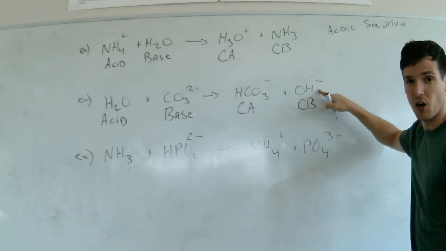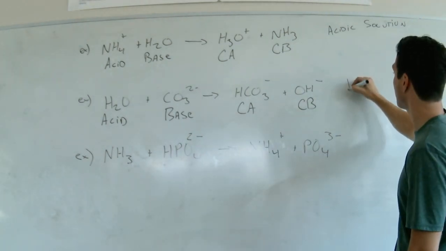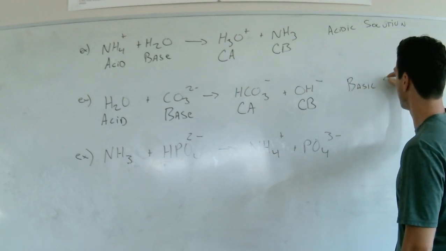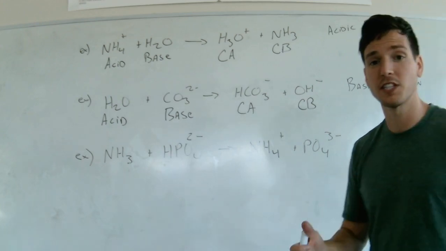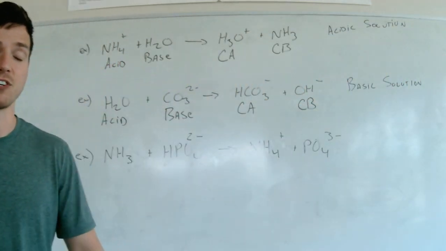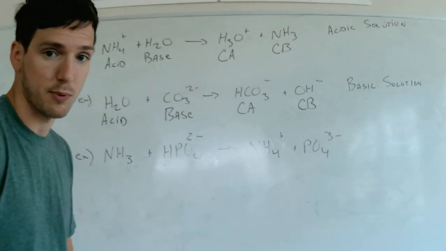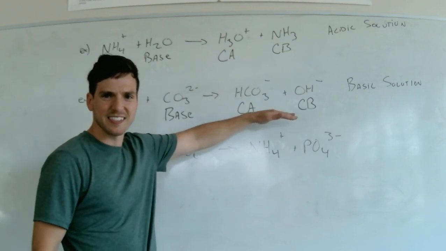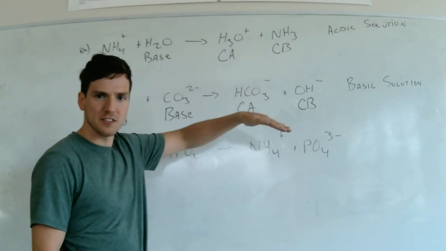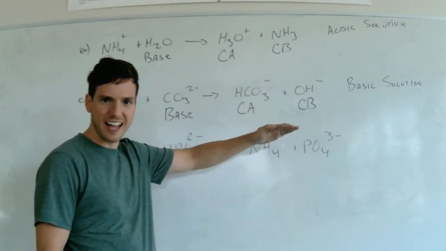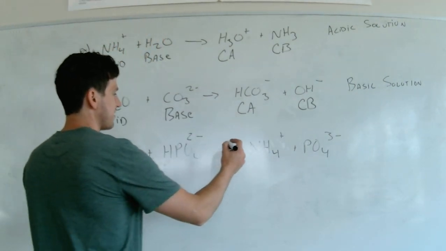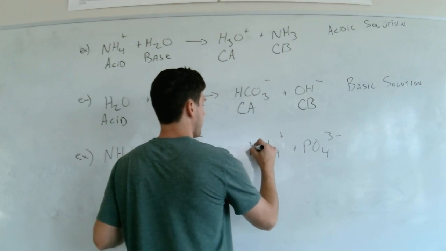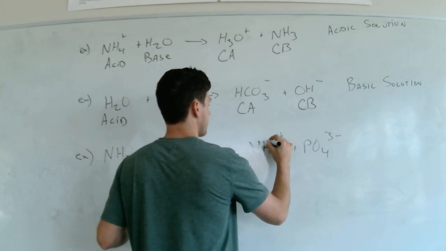If you ever see OH minus on the product side, that means it is a basic solution. We can only determine that if there's an H3O plus or OH minus on the product side. This one does not have an H3O plus or OH minus on the product side, so we can't determine if it's acidic or basic yet.